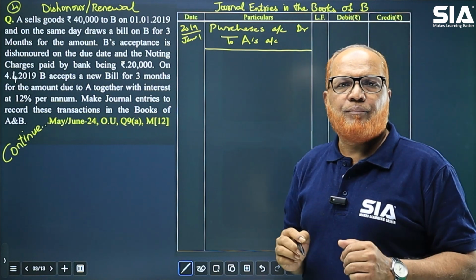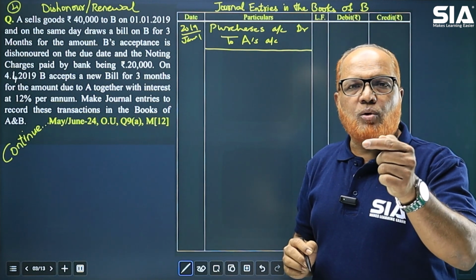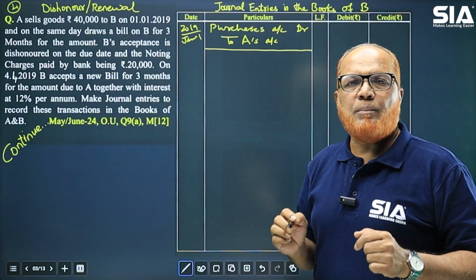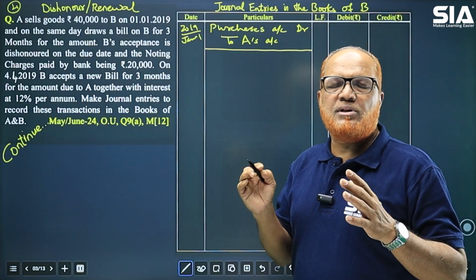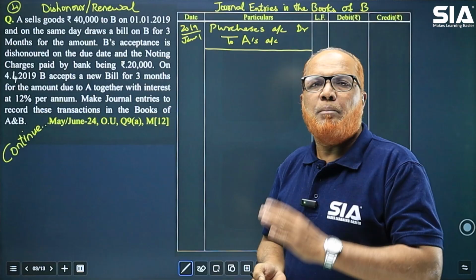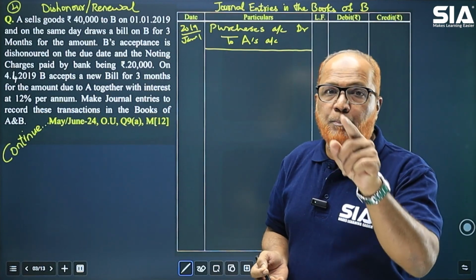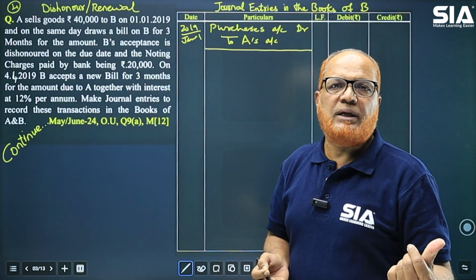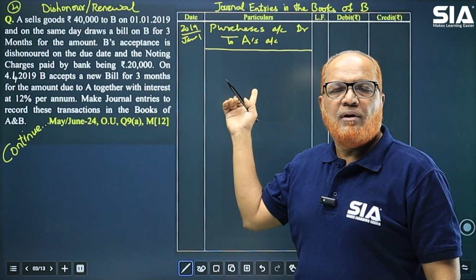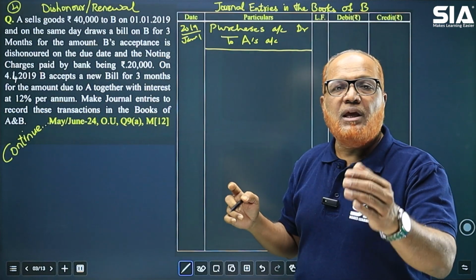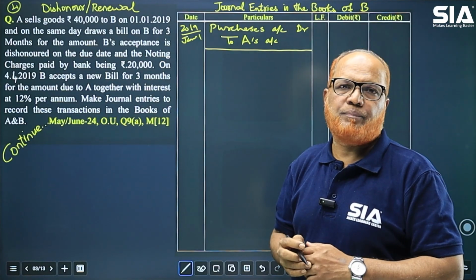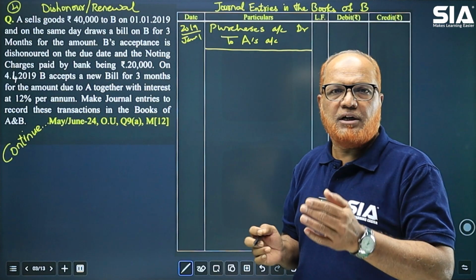So entry will be A's account debtor to bills payable. Remember in the last theory class also I have explained you, bills receivable will be there in the books of drawer and bills payable is there in the books of the drawee. Now this is the drawee. When the drawee accepts, he will credit bills payable. Remember the point. Credit bills payable.